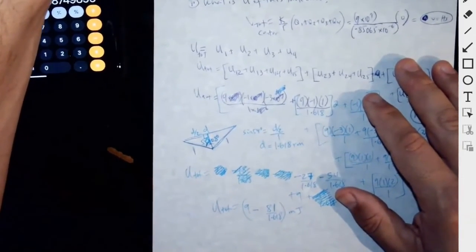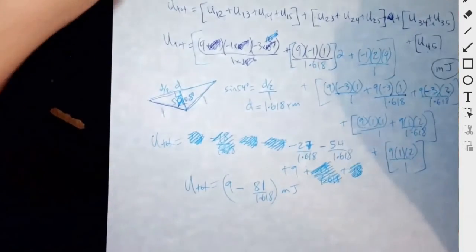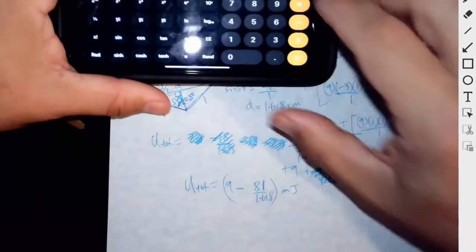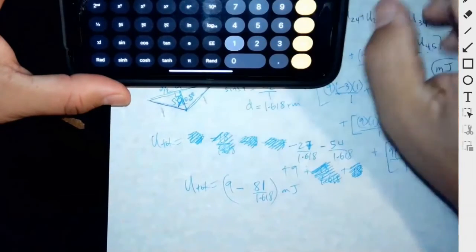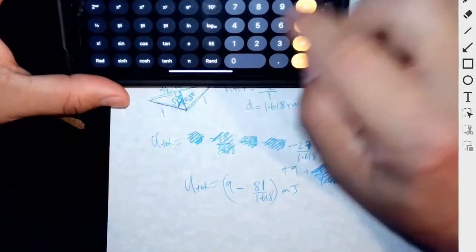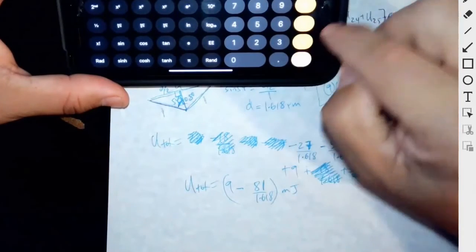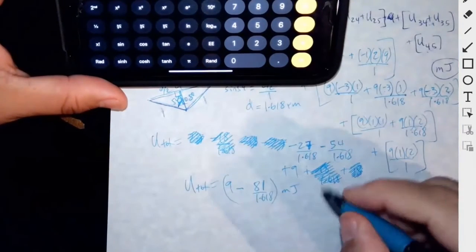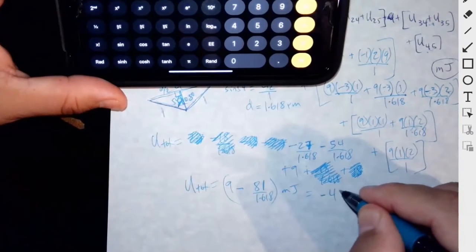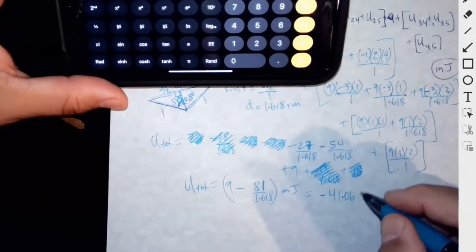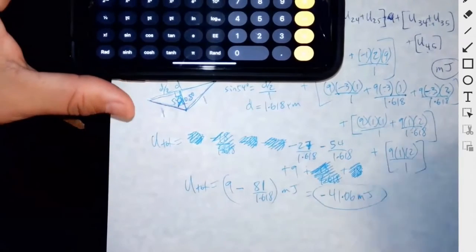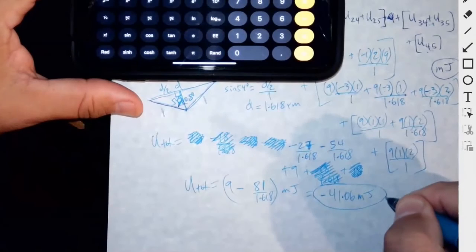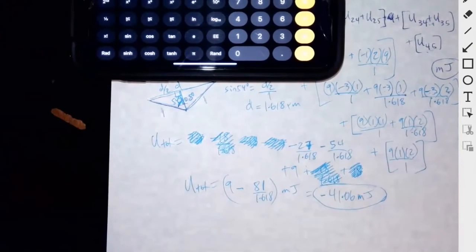So 9 minus 81 divided by 1.618. Wow. Negative 41.606 millijoules is the potential energy. So that's how much work is required to remove all those charges, to separate them out to infinity.